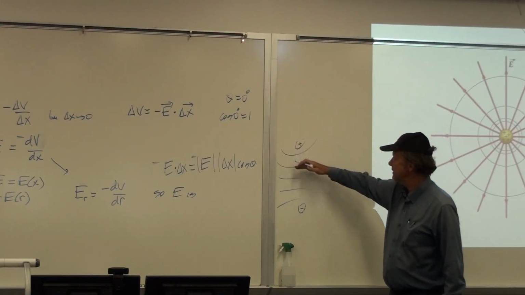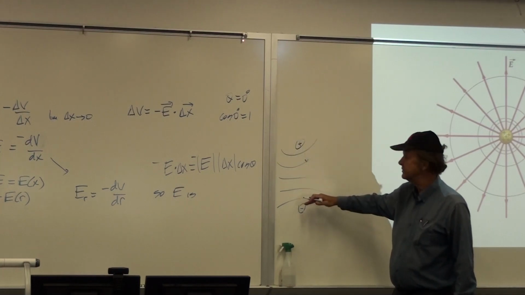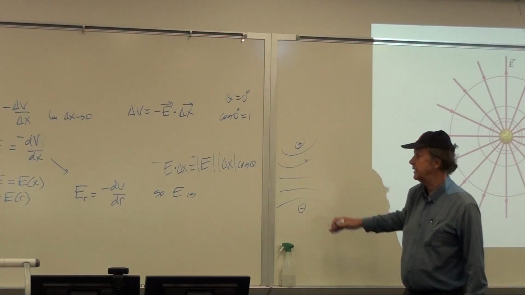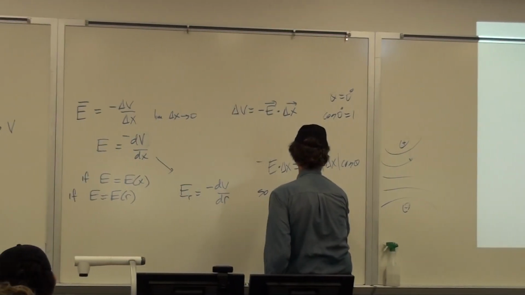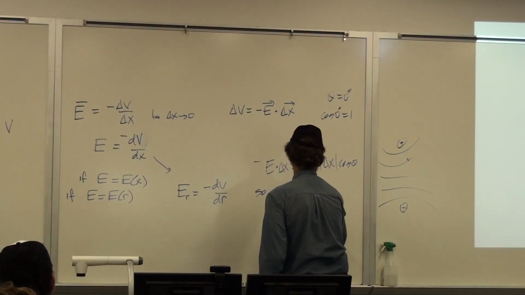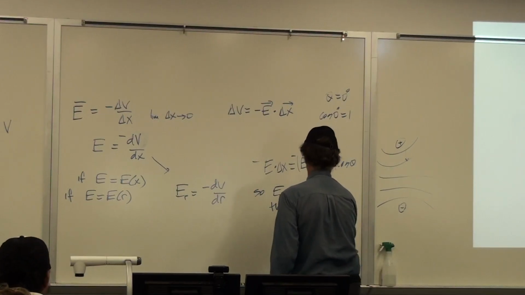And these are like topography lines on a map, except these are equivoltage lines instead of equi-elevation lines like you would have on a topography map. So E then is just the negative of the slope of the V of R curve.